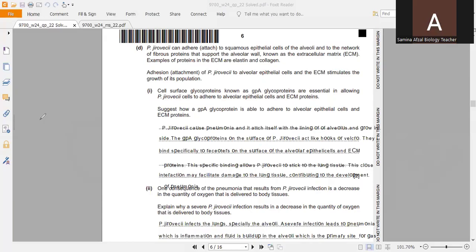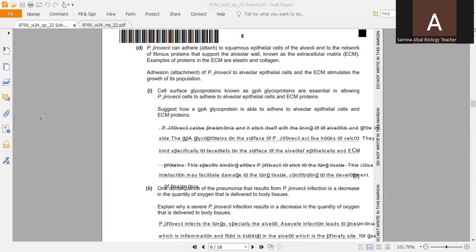Examples of proteins in the ECM are elastin and collagen. Adhesion, attachment of P. gyrovici to alveolar epithelial cells and the ECM stimulates the growth of its population.